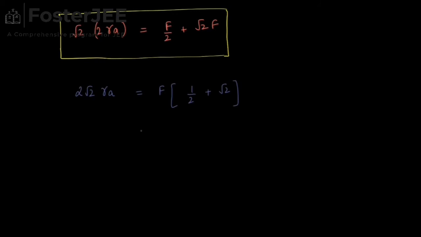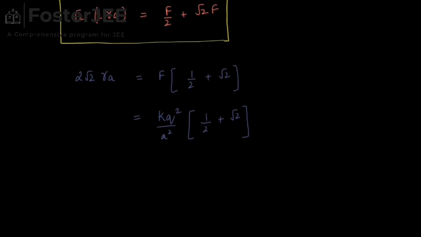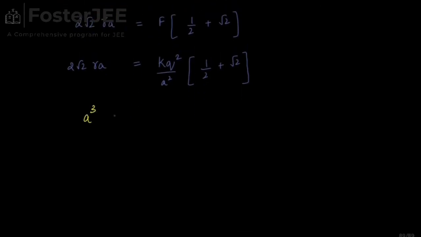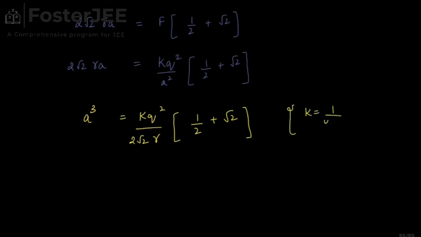Now the value of F was k q square upon a square, so this becomes k q square upon a square times 1 upon 2 plus root 2, equal to 2 root 2 gamma A. Finally, we can write a cube is equal to k q square upon 2 root 2 gamma into 1 upon 2 plus root 2. Note that k here is 1 upon 4 pi epsilon naught, which is a constant.